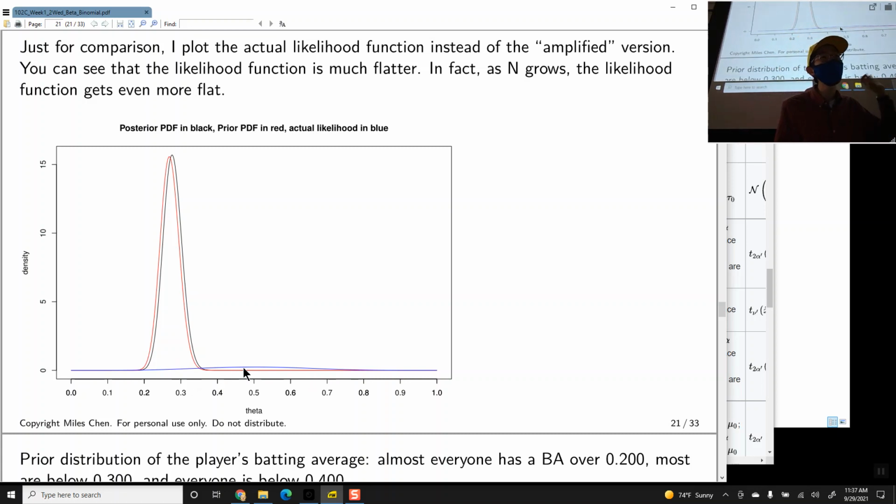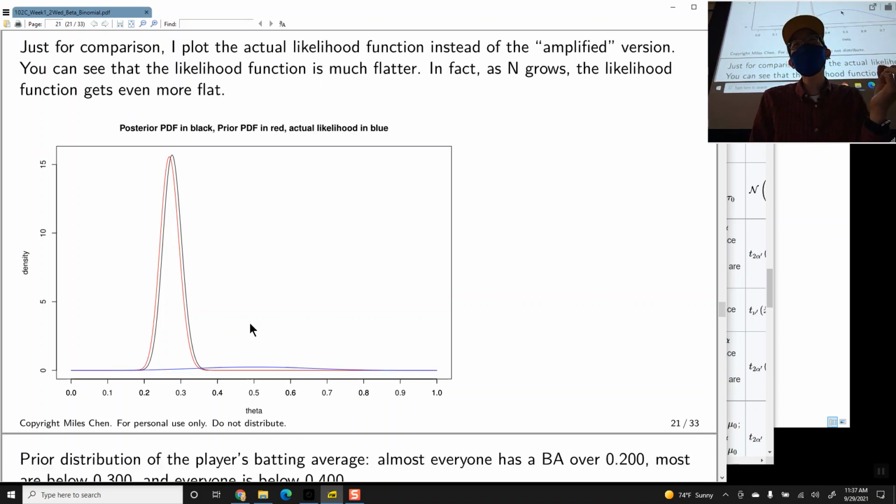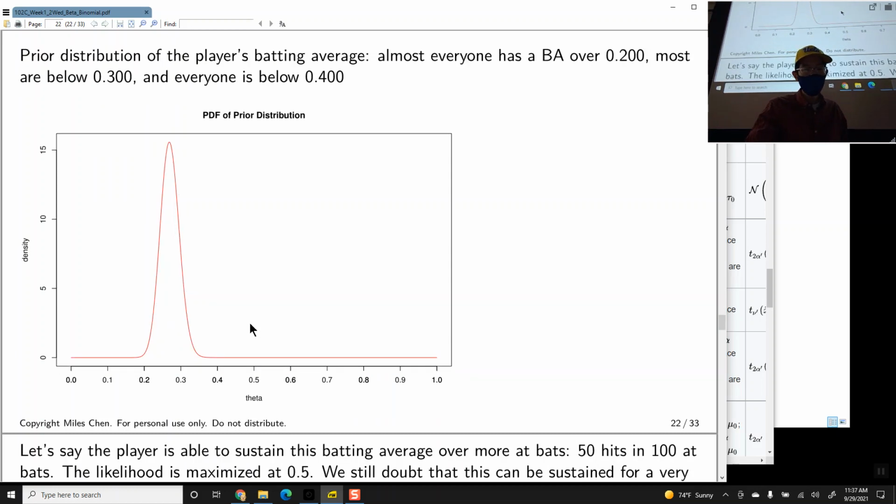We can hardly see it on the graph. And just for the purposes of plotting all of these things, I'm multiplying the blue line by a constant so you can see it. That's going to be especially important when we have larger data sets, or I'm pretending to have larger data sets, because in those cases, the likelihoods get even smaller.